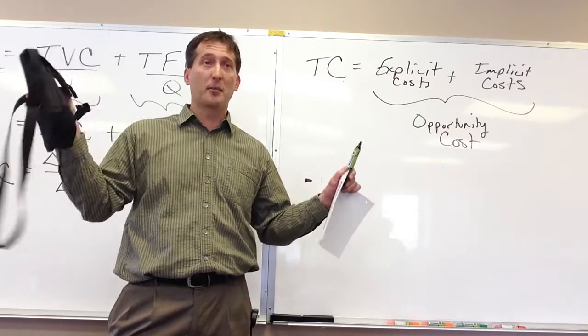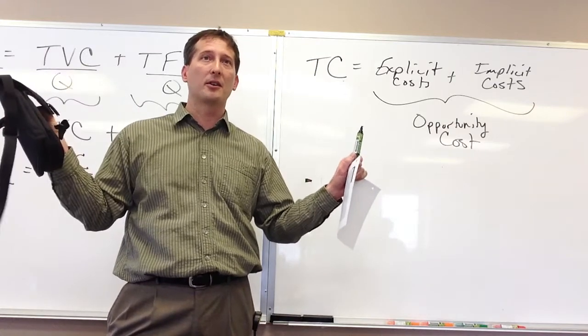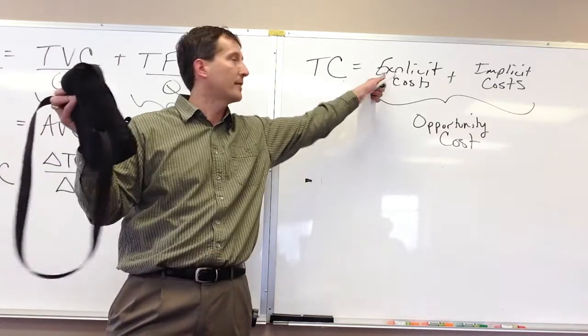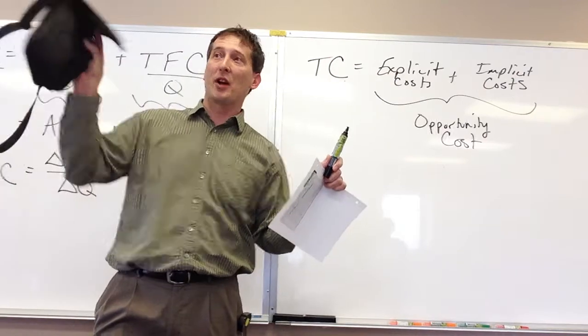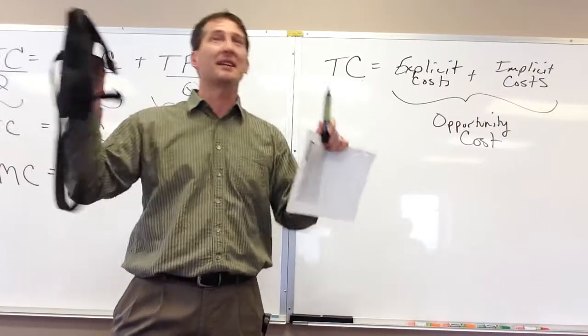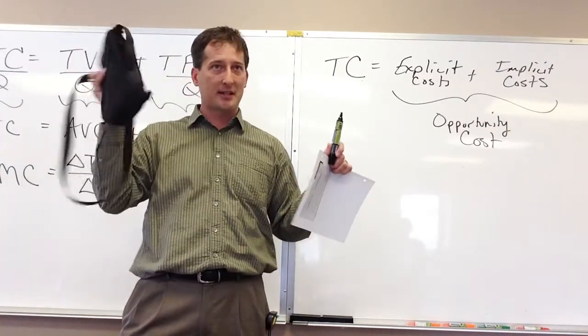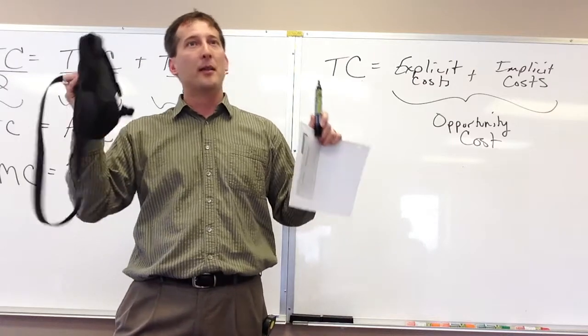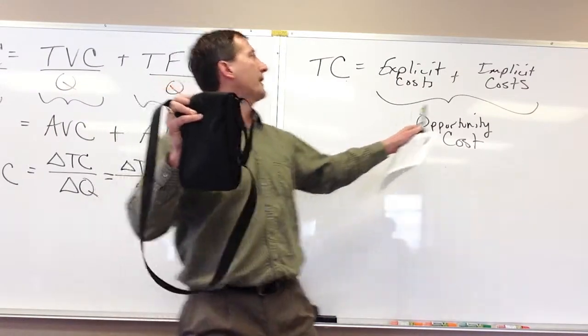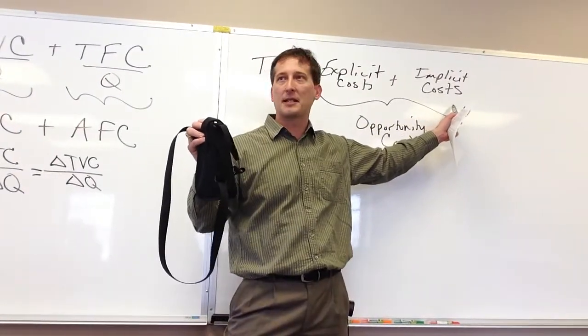Because you give it up. You could have bought something else with the $14, but it's very explicit, right? We know what your other opportunities were, $14 worth of other opportunities that you could have spent the money on.